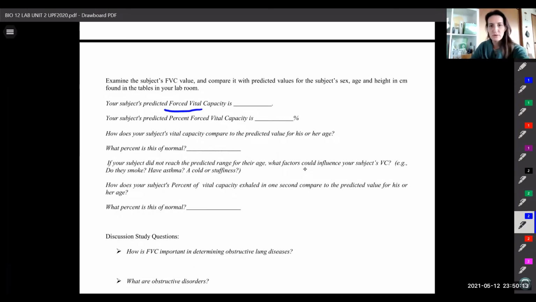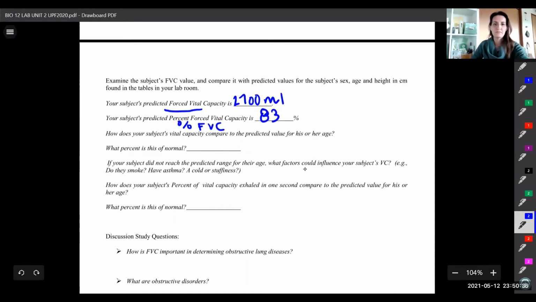We measured to be 2,700. Right. And the predicted percent forced vital capacity, so that would be the percent FVC, we said was 83%. That's what we calculated for that top diagram, right?